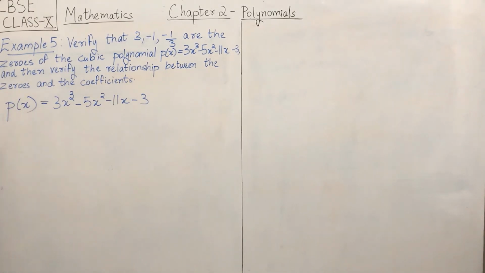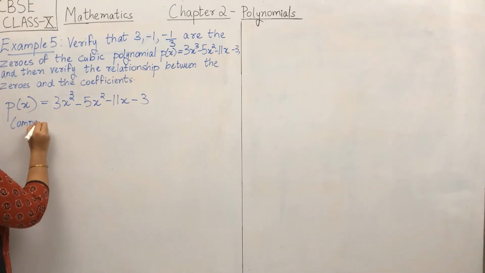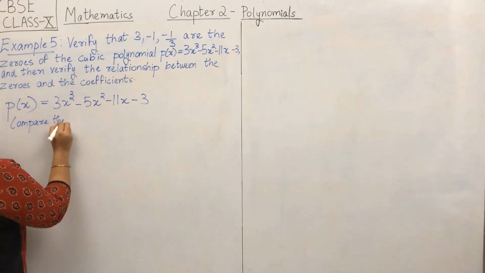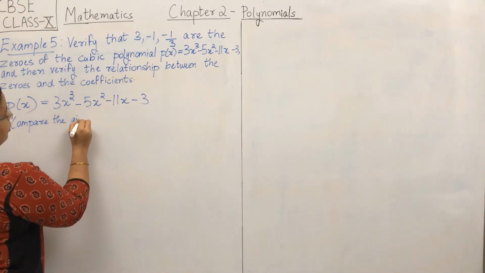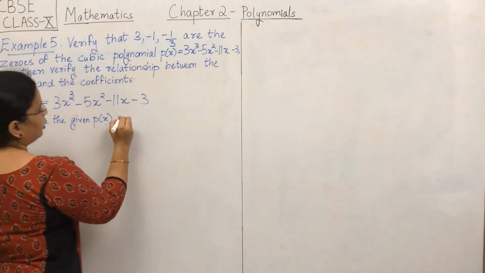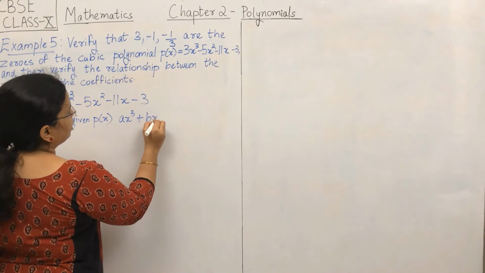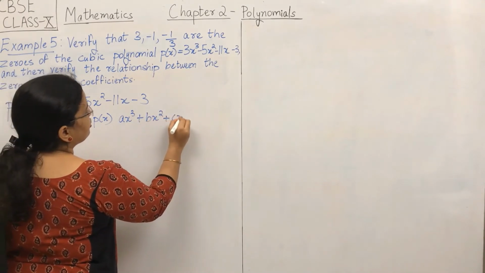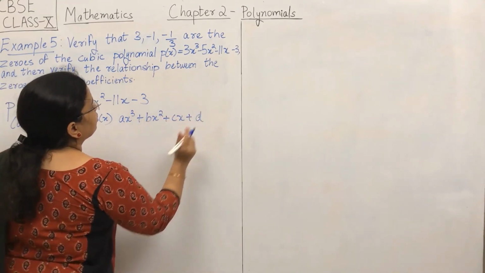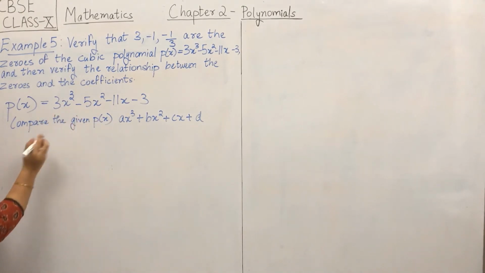Firstly, we can compare the given p of x with the general equation of a cubic polynomial, that is ax cube plus bx square plus cx plus d. Now, comparing, in the place of a it is 3, right?